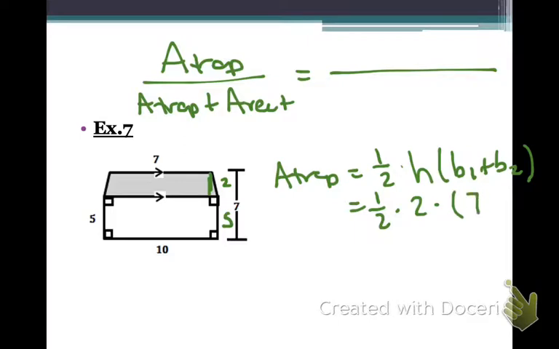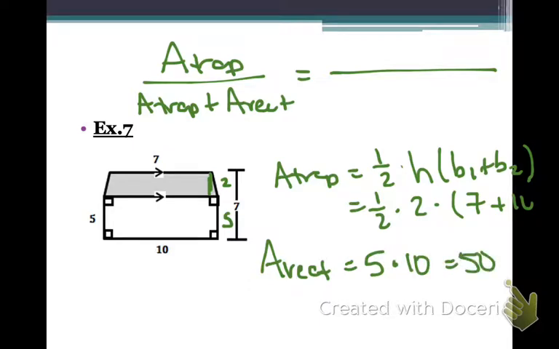And then I have a base of 7 on top and 10 on bottom, which would give me 17 units squared. Now I need the area of the rectangle. All right, so the area of my rectangle, it's a 5 by 10, which gives me 50 units squared.